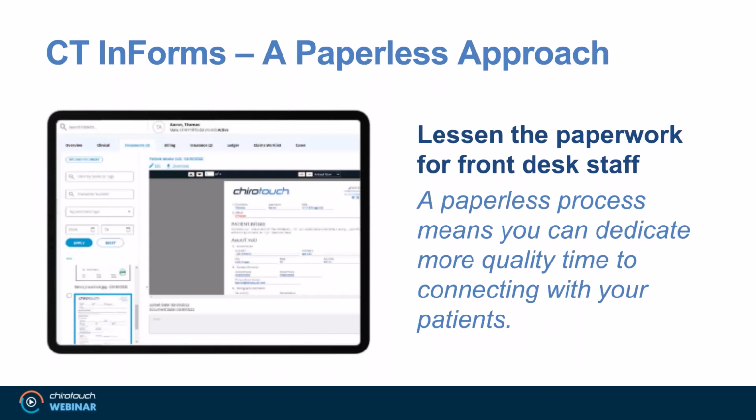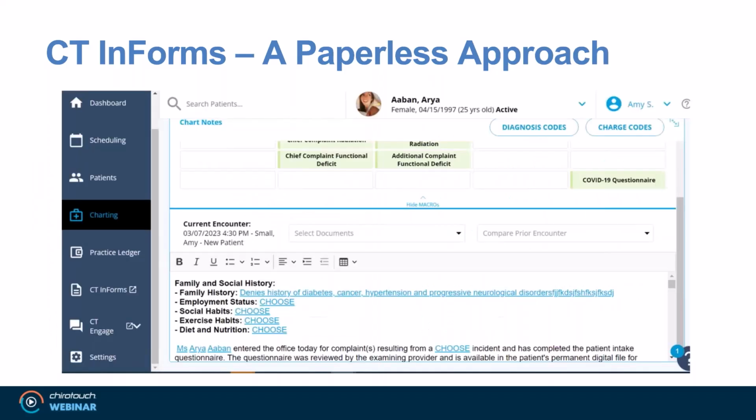So if it's a new patient and you just had a first name, a last name, and perhaps a phone number for them, any other demographics that the patient fills out will now automatically populate into the electronic health record for the patient.